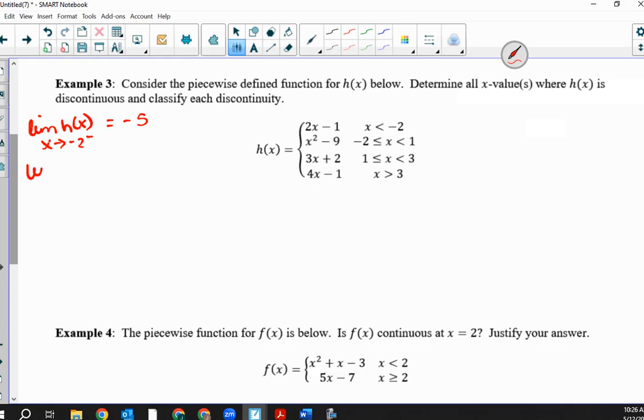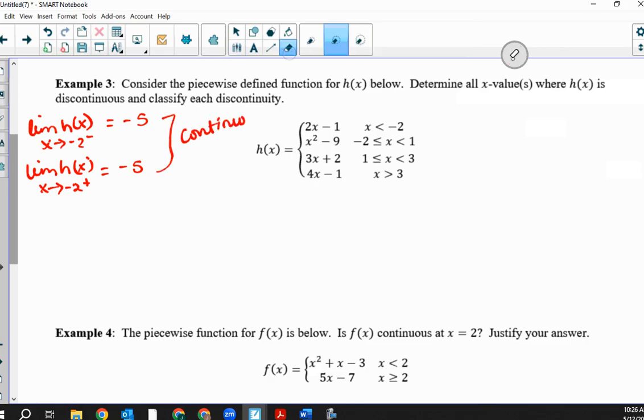Now we need to check limit as we approach -2 from the right. Do you guys see how that would be the next piece that I'm plugging it into? Okay, what do I get there? Okay. What does that mean? Yeah, these are continuous, okay? So we don't need to write, would you plug it into for the second one, the x squared minus 9, because that would be -2 from the right over here.